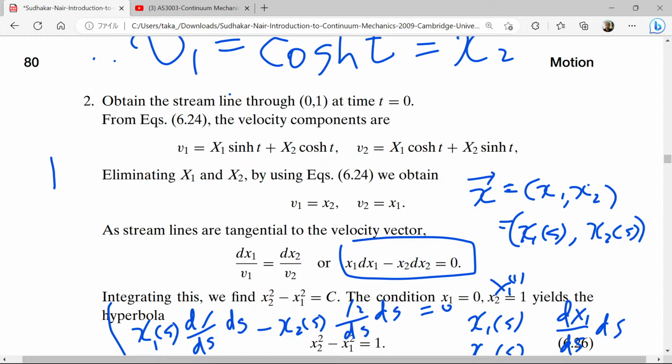Then you can draw a curve, because there is some point which is s equal s1, another point, this is x1, x2, another point is s equal s2. Then this curve is something we want to know. This is x2.